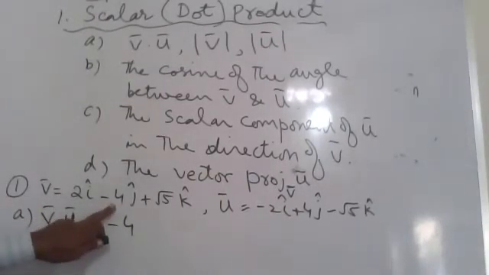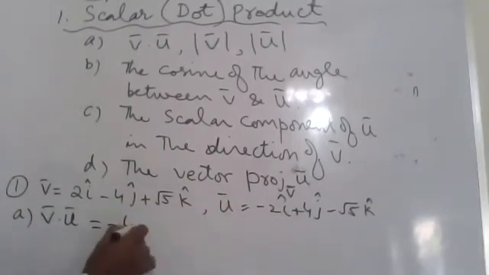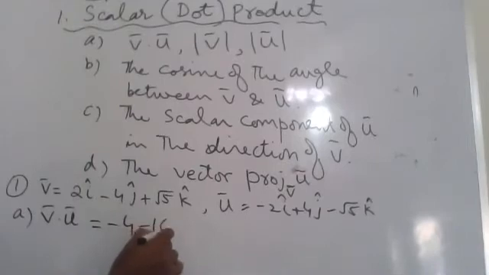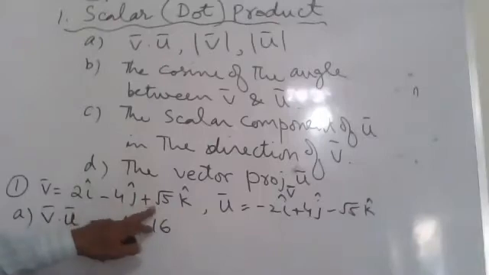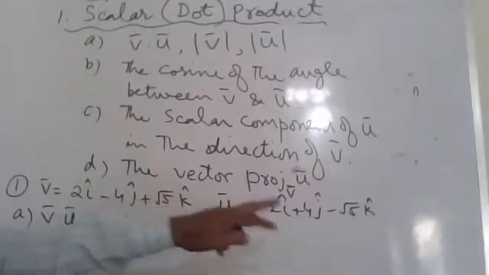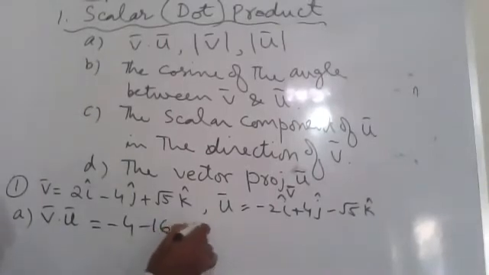Minus 4j times 4j will become minus 16. Plus root 5 times minus root 5 will become minus 5. The answer will become minus 25.